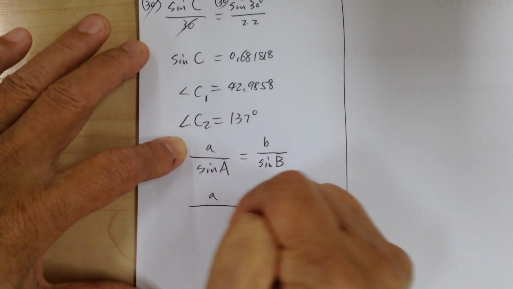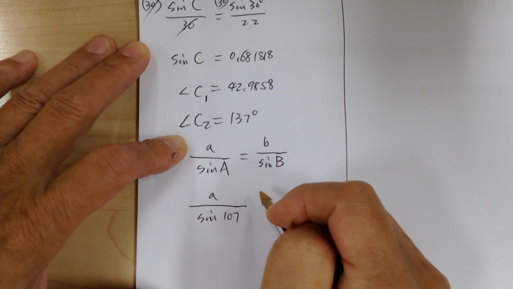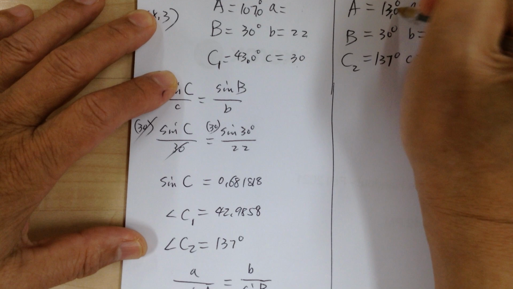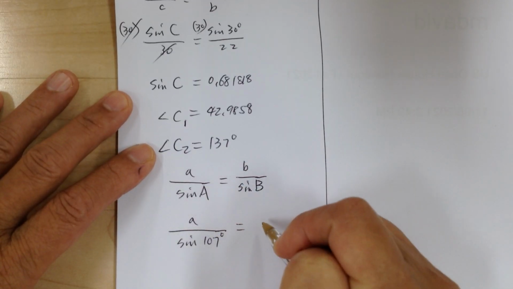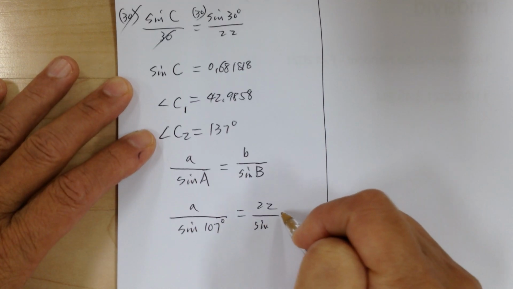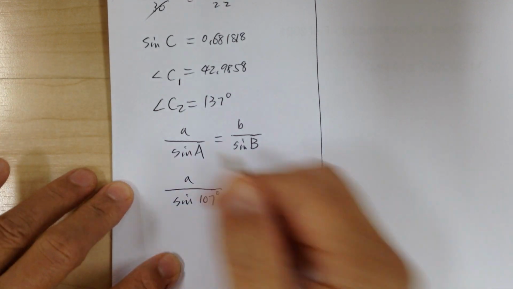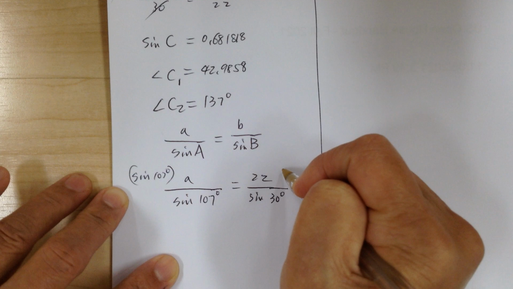So A over sine of 107 degrees equals B, which is 22, over sine of 30 degrees. Multiply by sine of 107 degrees on both sides.